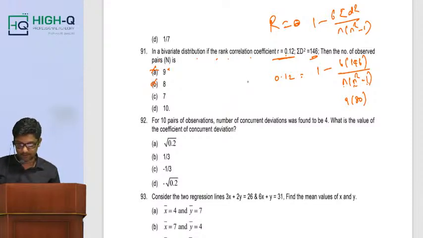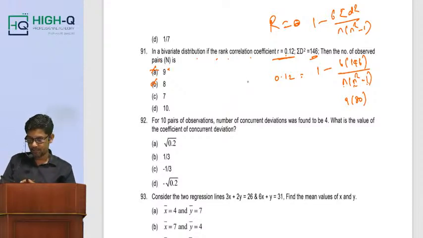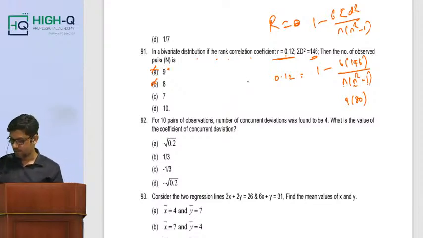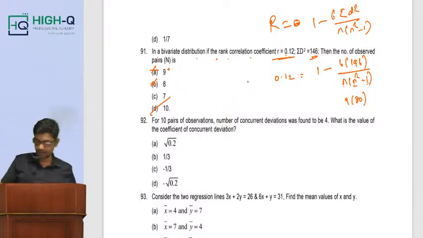Let me check 7. Oh, not getting. Next one. 6 into 146 over 10 into 99, 990. Approximately I am getting it. Okay, D is coming. Very good. Fine.